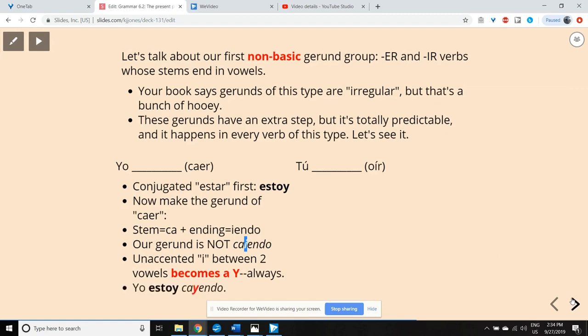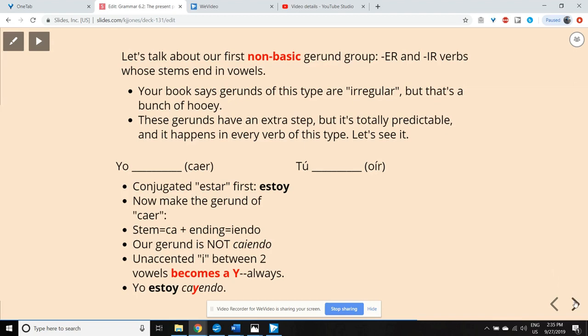It's C-A-Y-E-N-D-O. Unaccented I between two vowels always becomes the semi-consonant Y. So, cayendo. It sounds the same. The only thing is that what would have been an I has become a Y because of its location between two vowels. That's it.